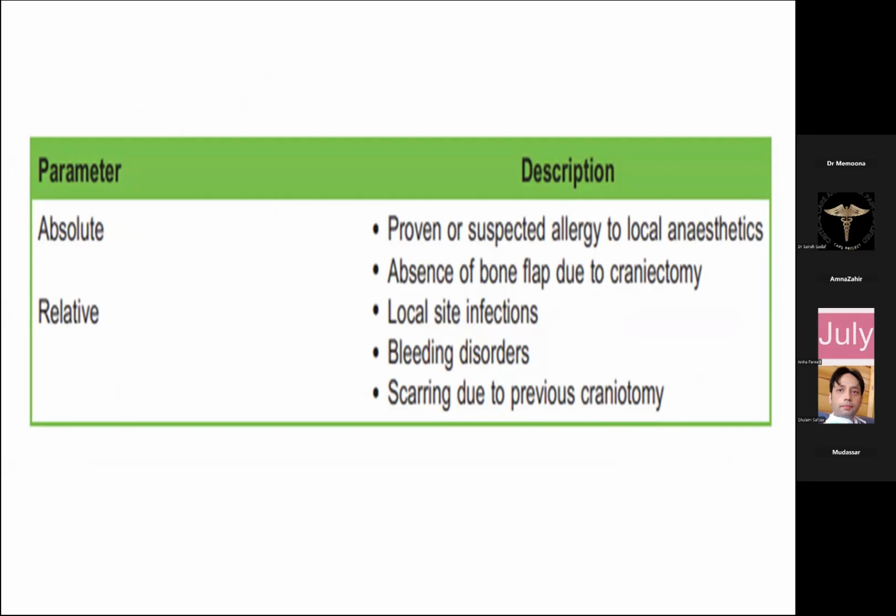Now remember, the bones act as our friends during the scalp block. And if a part is missing or there is a defect, we should not be performing the block in that area. Then the relative contraindications may include local site infections, bleeding disorders, and scarring due to previous craniotomy, which may lead to distortion of the anatomy and we might not get the expected results.